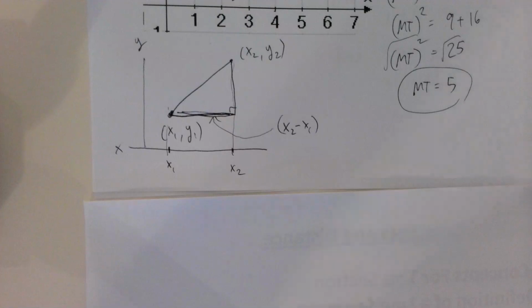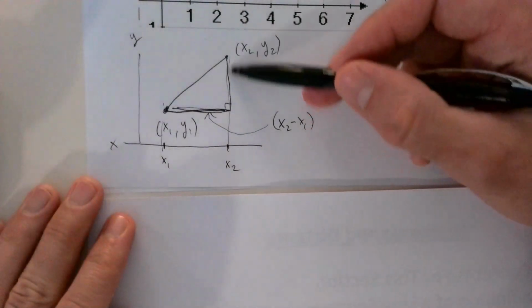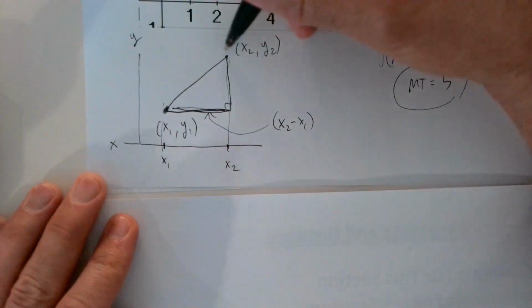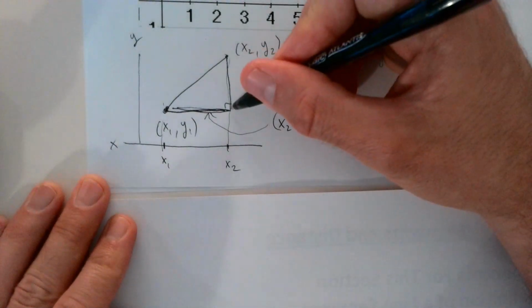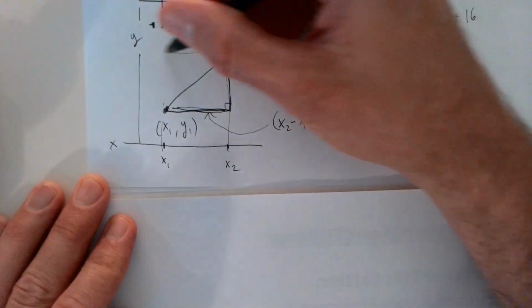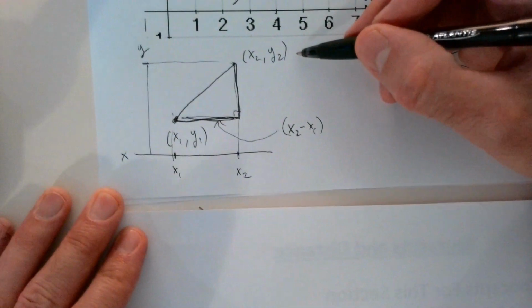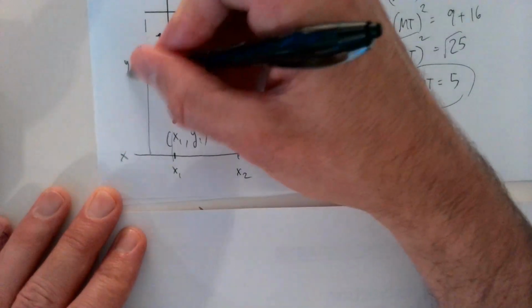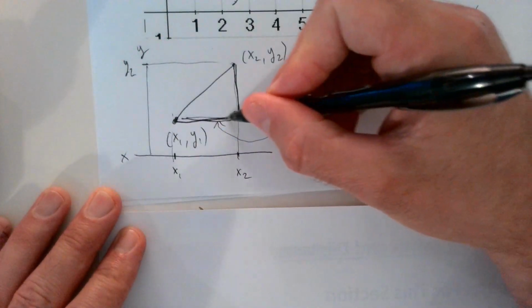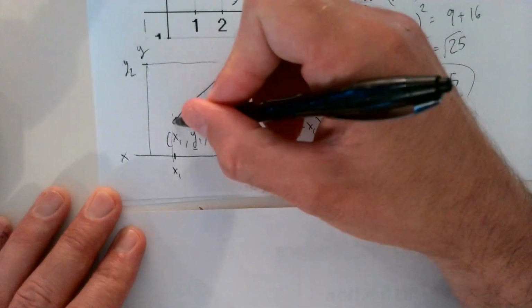Okay, but I also need to know the length of this one. Well, I'm going to look at this vertical segment. This y value is y2. This y value, starting here, is y1.